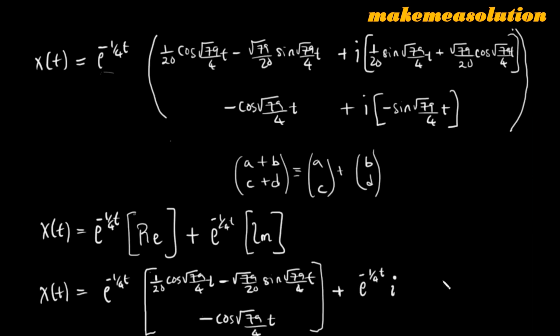Then you now have I into the imaginary vector, which is 1 over 20, and sine root 79 over 4t, and plus root 79 over 20 cos root 79 over 4t.